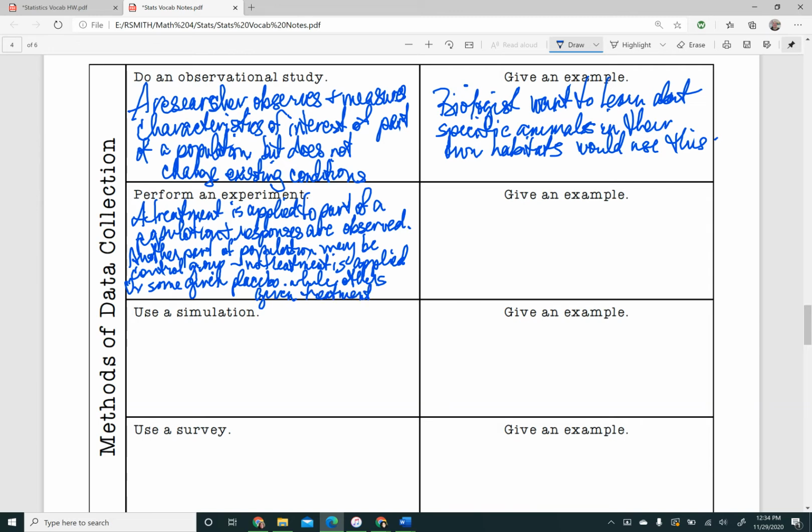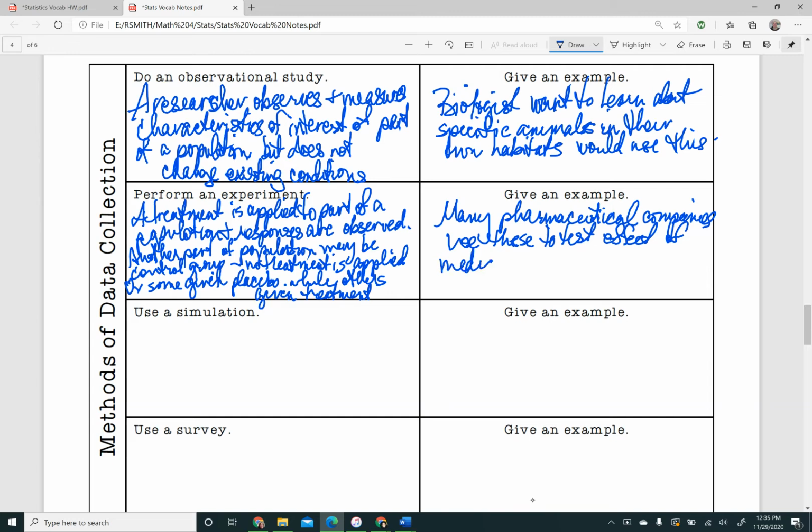So an example would be pharmaceutical companies, the drug makers. They use experiments to test effects of medication on patients.